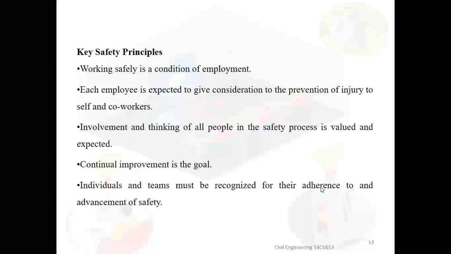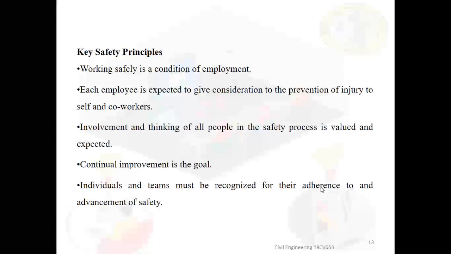So, these are some of the key safety practices. Each employee is expected to give consideration to the prevention of injuries to themselves and their co-workers, and involvement in thinking of everybody's safety.